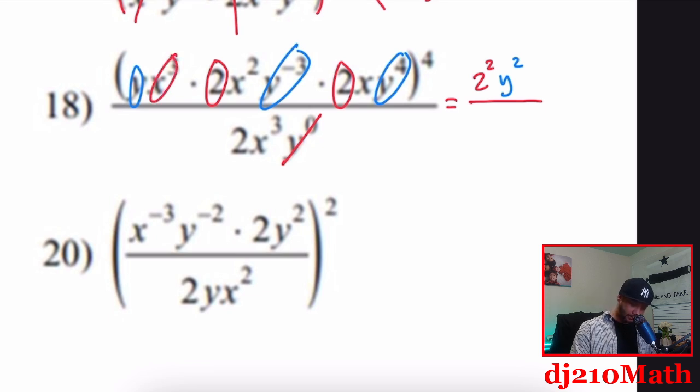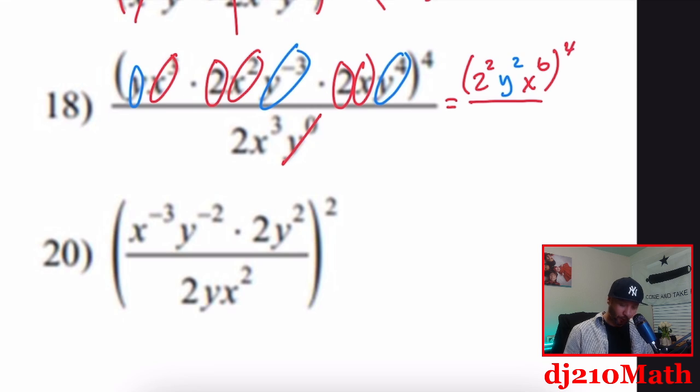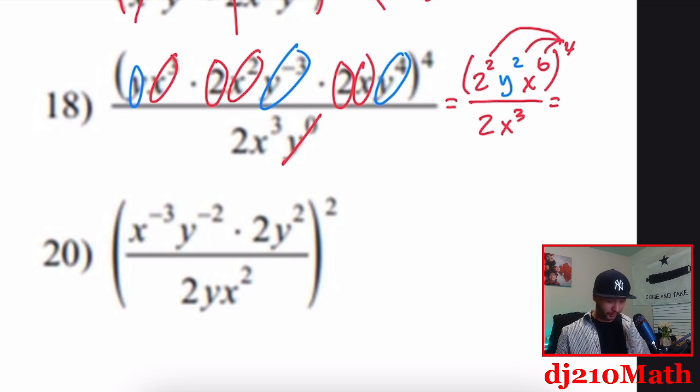So here's an x, here's an x, here's an x. So 3 plus 2 plus 1, 6. So x to the 6. And all of this is going to be to the 4th power over 2x cubed.